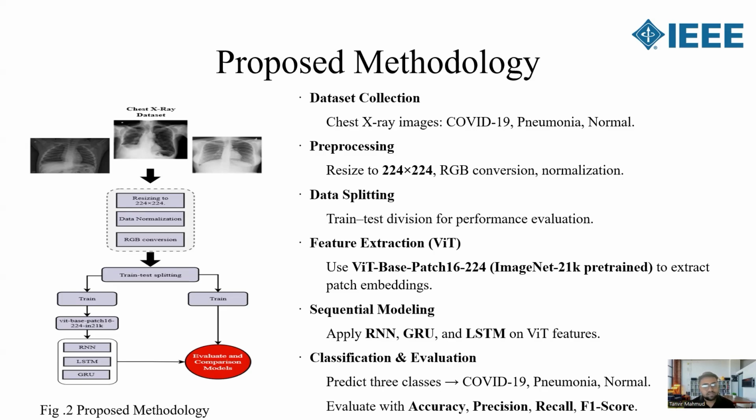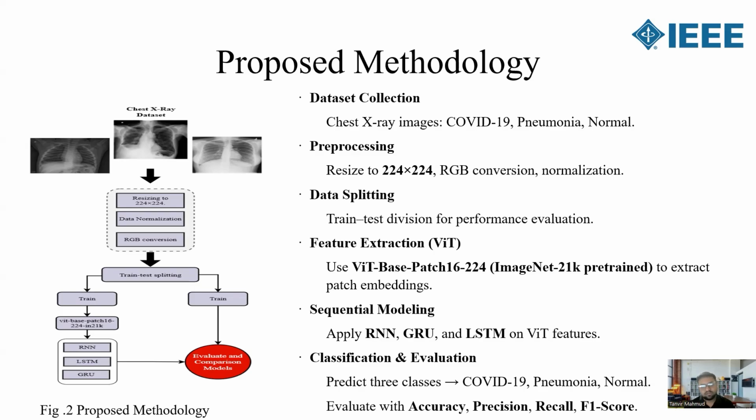All images were resized to 224x224, converted to RGB, and normalized for consistent input. The dataset was then split into training and testing sets. Next, features were extracted using a pre-trained vision transformer, which divides each image into patches and learns global spatial relationships.